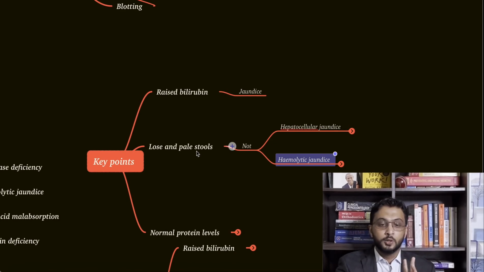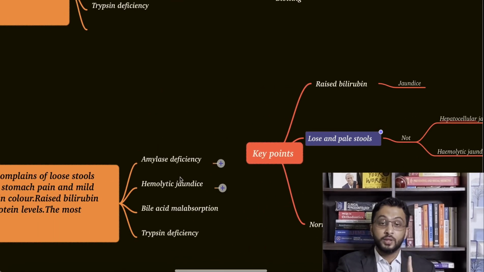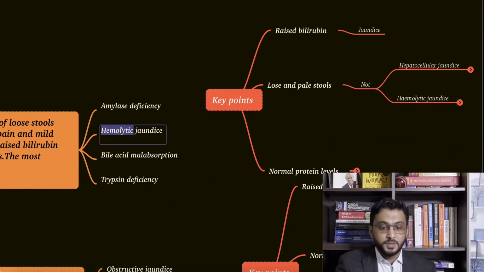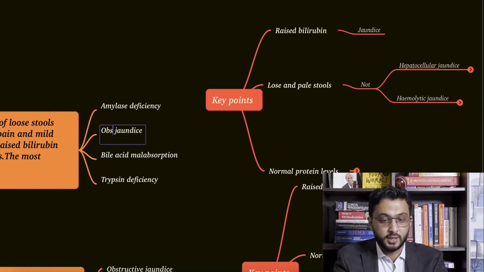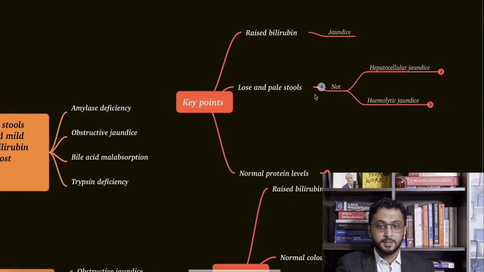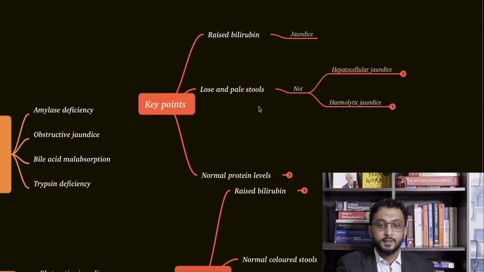Okay, so if it is loose pale colored stools with jaundice, with raised bilirubin, the answer here is going to be, okay, I'm sorry, the option has to be corrected. It is obstructive jaundice. The answer has to be obstructive jaundice here because it's a jaundice, but loose pale stools are not seen in hepatocellular or hemolytic.